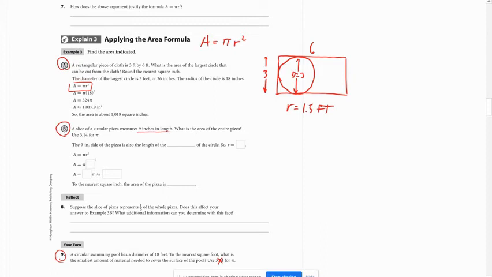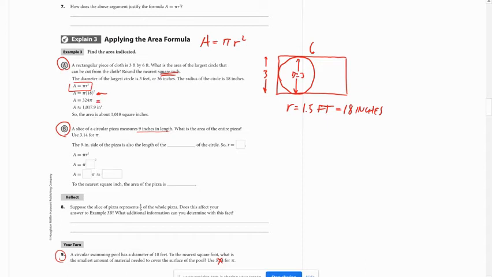And so then, they want the answer in square inches, so let's actually change this to inches. The radius is 1.5 feet, which would be 1.5 times 12, which is 18 inches. So it's easier to convert it now. And so now we can say the area is pi times the radius squared. So they have that written here as pi times 18 squared. That's 324 pi.